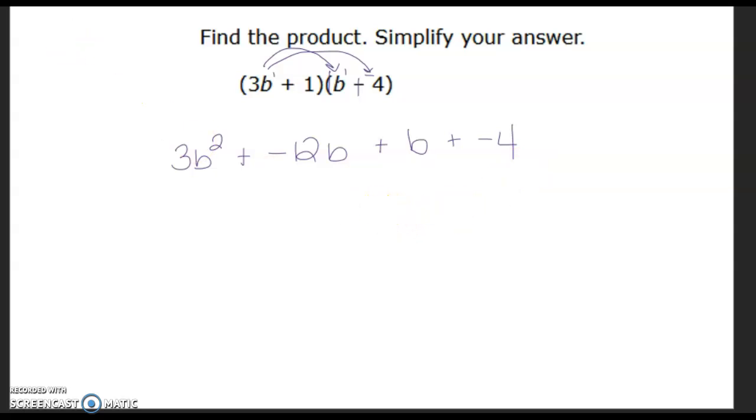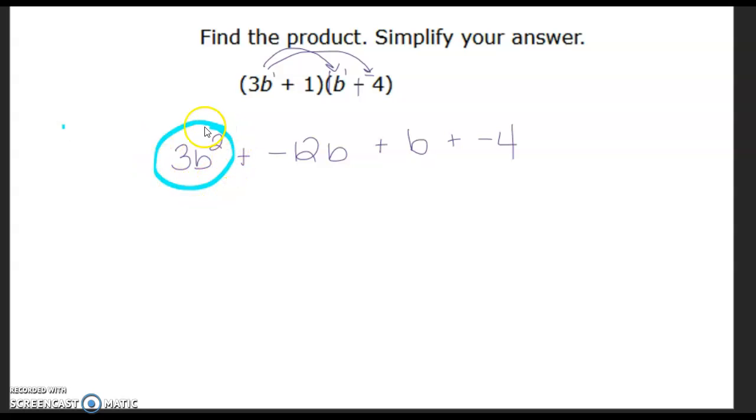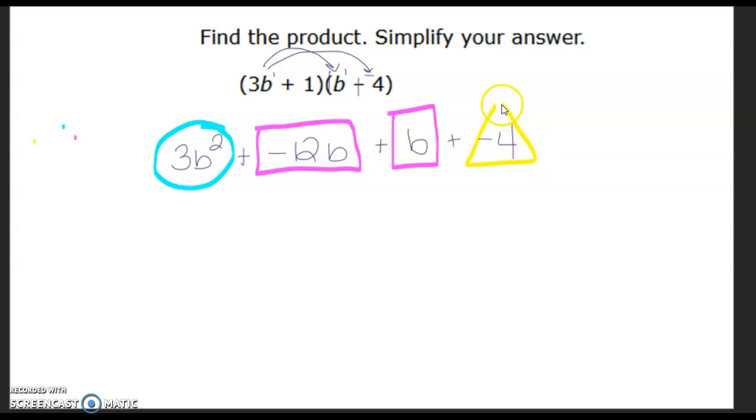All right, so we're going to combine our like terms again. Same process. 3b squared has no one to combine to. Now, negative 12b, if I'm going down the line, there is another b for it to combine with. And then the last one is this number negative 4, which is by itself.